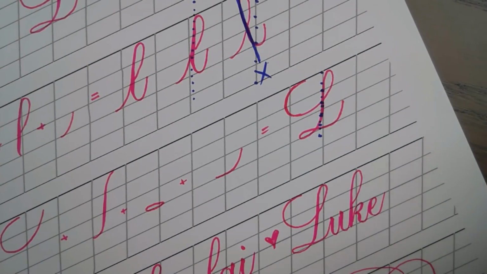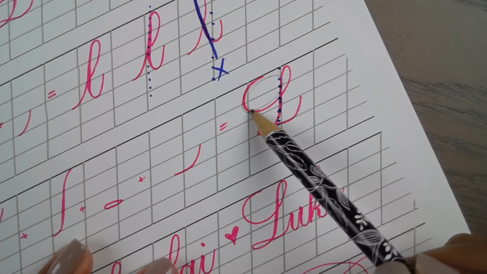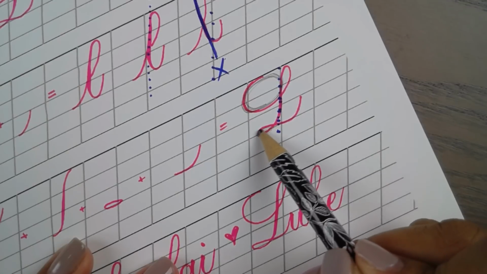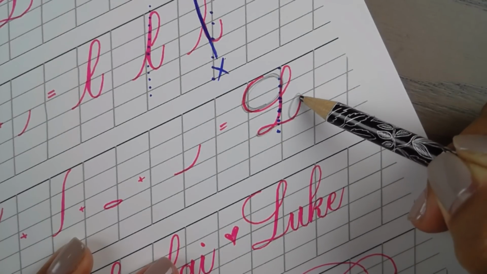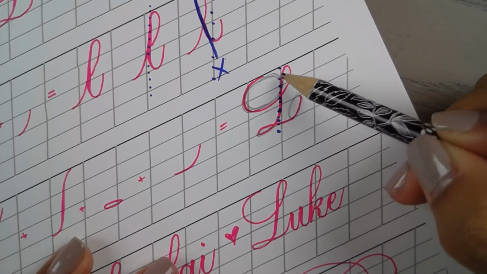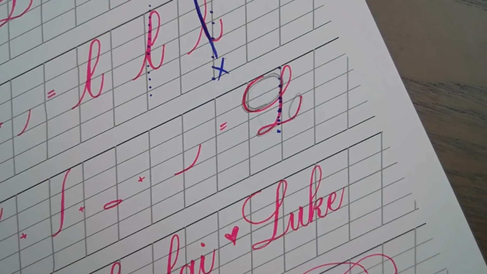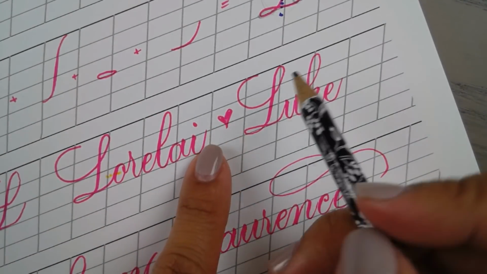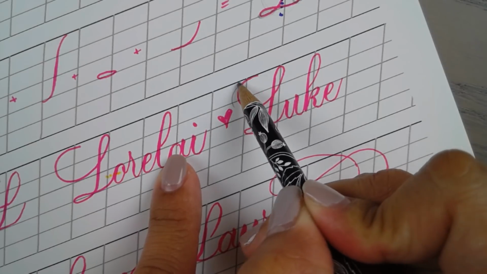And then another thing to keep in mind is you want to think ovals. Okay, see this oval here? And then this is a tiny oval. We pretty much are having an oval here. You're getting ready to go into your next letter, because if you don't keep that as an oval, it starts to look a little off. I would say Luke right here, this is a little too much in a circle. I should have brought this out a little bit more here.